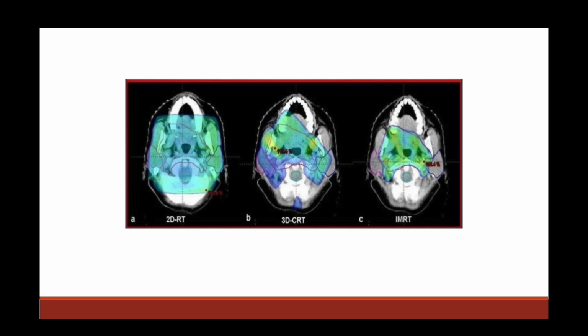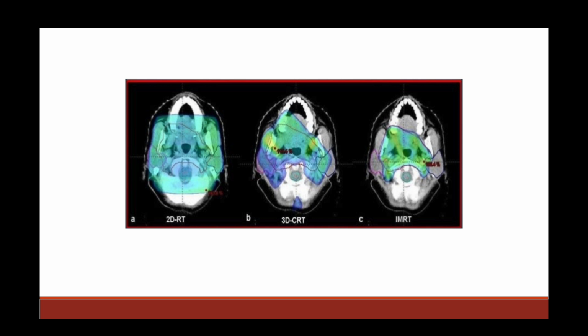So there are still, depending on what site we're treating, what the indication for radiation is, what dose of radiation we're giving, even in the modern era, there may still be indications for 2-dimensional versus 3-dimensional radiotherapy. So it's not wrong to use these treatments, and sometimes they're even better and quicker and more effective for certain patients.